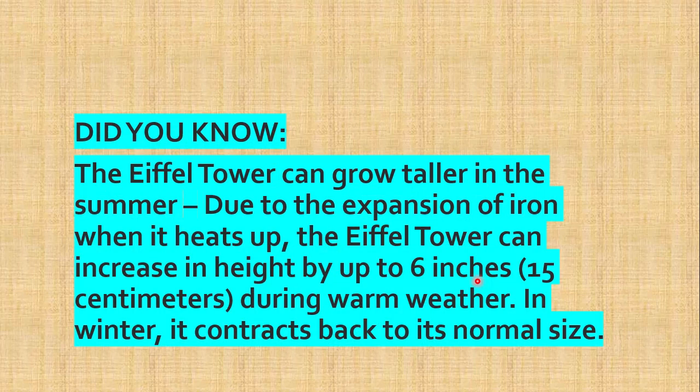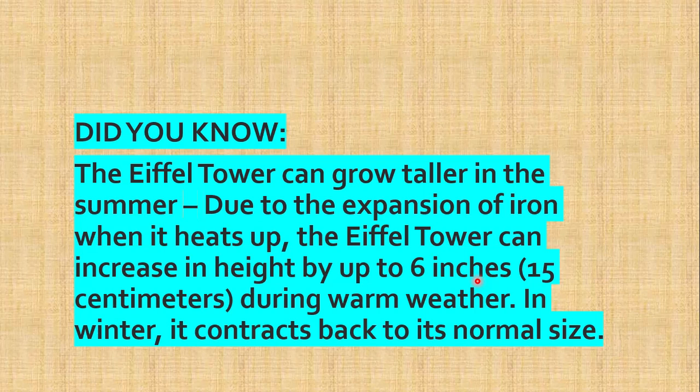Did you know the Eiffel Tower, where is it found? It's found in Champ de Mars in France. The Eiffel Tower can grow taller in the summer due to the expansion of iron when it heats up. It can increase in height by up to 6 inches, about 15 centimeters, during warm weather. In winter, it contracts back to its normal size.